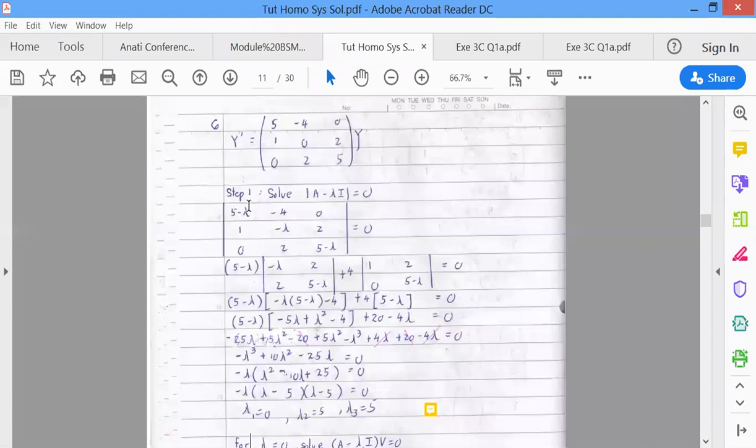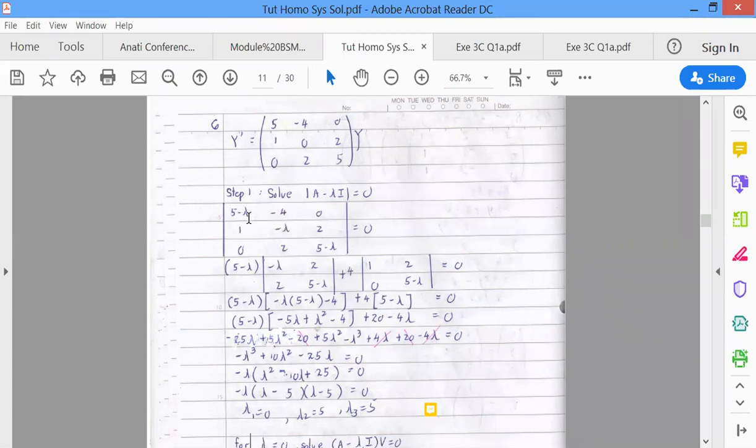So if I take the first row, I have here 5 minus lambda, and then you cross out the first row, first column, leaving the determinant of negative lambda, 2, 5 minus lambda. Then for the second entry, the sign for the first row, first column is positive, then negative, positive going across. So negative times negative 4 becomes plus 4.